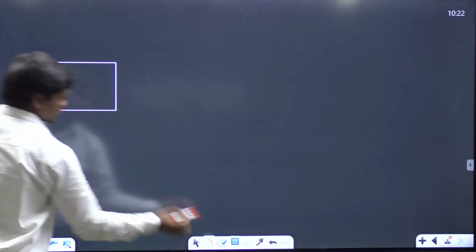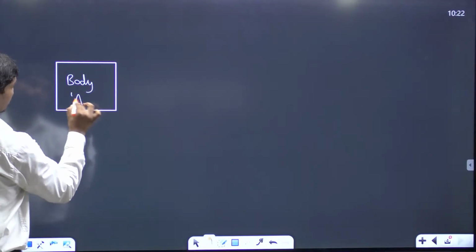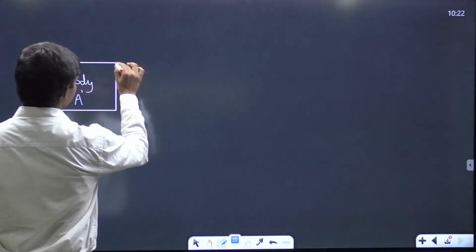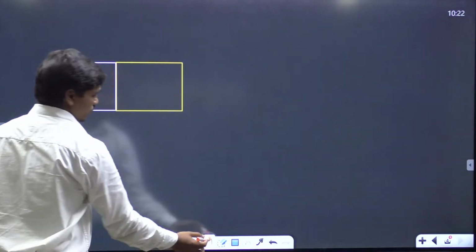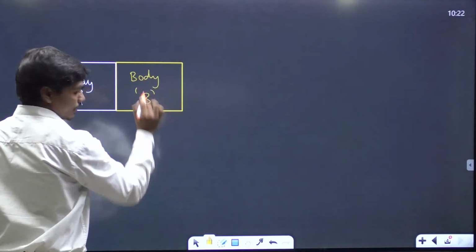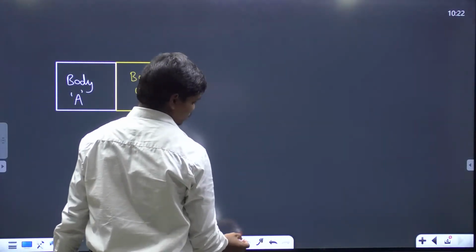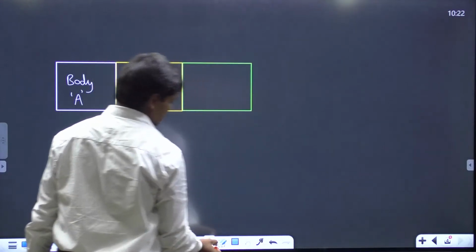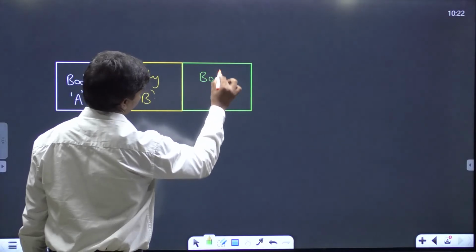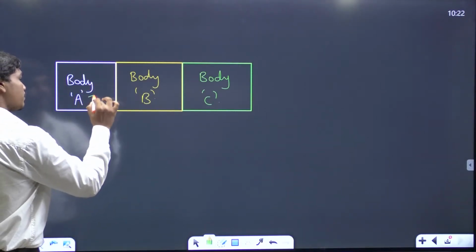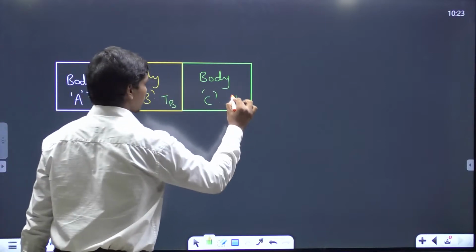Let us suppose there is one body A. Now let us suppose there is one more body B. And let us suppose there is one more body which is C. Now if these are three bodies that are available with you, let us suppose body A is at a temperature TA, body B is at temperature TB and body C is at temperature TC.